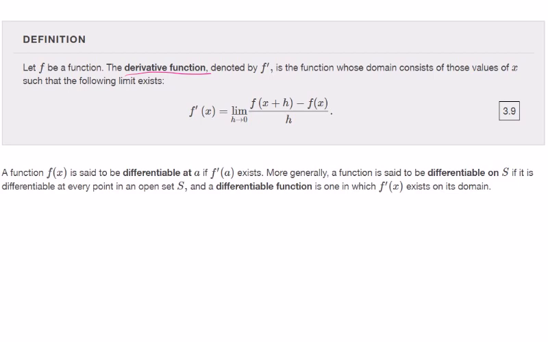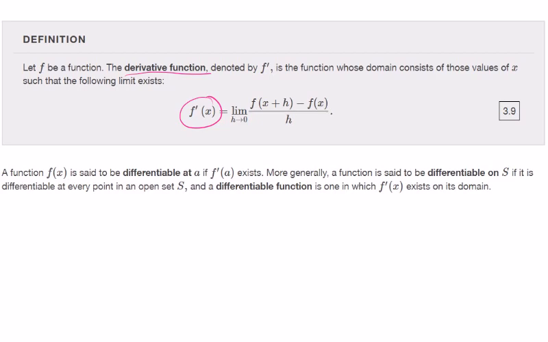All right, and so the formula is pretty much the same, but as we work it out, we're going to end up with a variable expression most of the time. Sometimes you can have a constant, but for the most part, we're going to have some type of variable expression, some type of function. And so our result, instead of f prime at a certain value, we're going to find f prime of x.